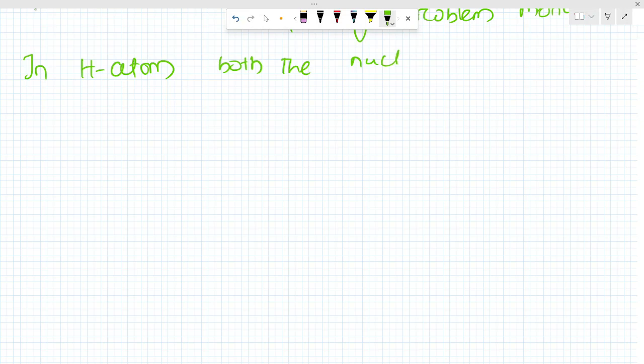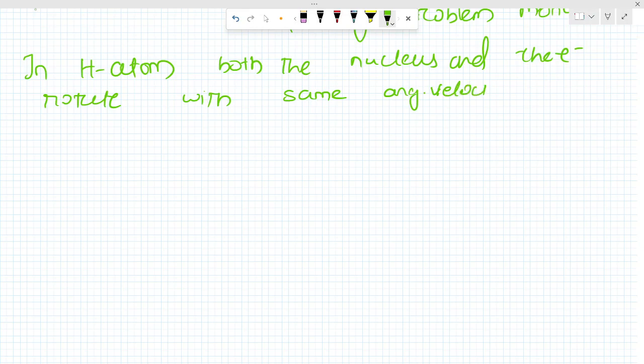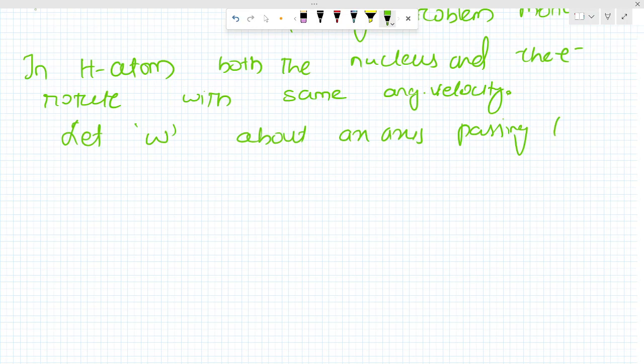Let omega be the angular velocity, about an axis passing through their center of mass. They rotate, the nucleus and the electron, about an axis passing through their center of mass.